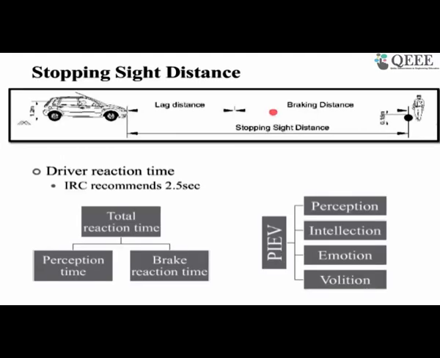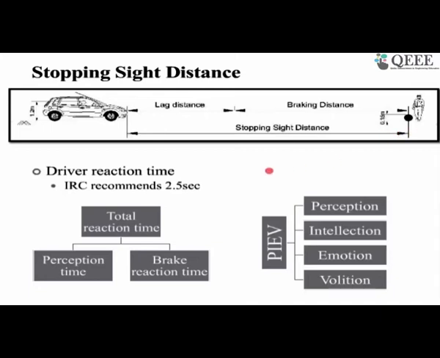So let's look into the stopping process. What happens in the stopping process? A vehicle needs to stop when it sees some danger ahead, here some object. The process involves the driver seeing that object, reacting to it, applying the brake, and then the physical braking starts. And now there are certain specifications.